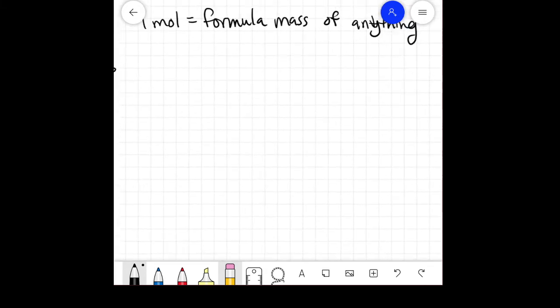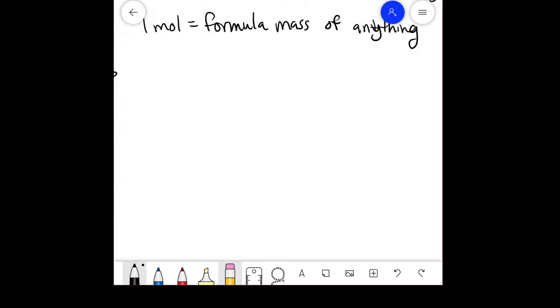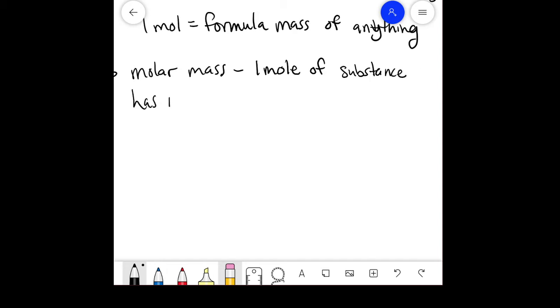There's also a thing called molar mass, and molar mass is again found like formula mass, and it's just 1 mole of a substance that has a mass in grams equal to the formula mass.